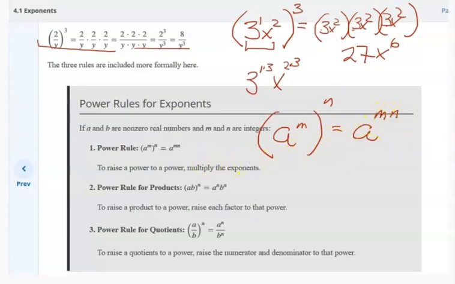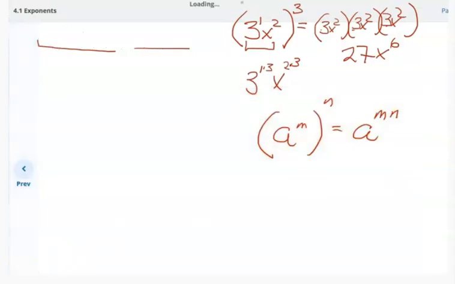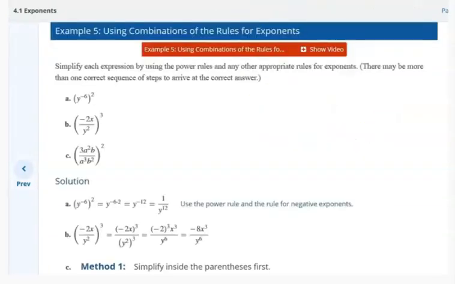Okay, let's have some practice on this. And then so as we do example 5, again, you're going to write this down, letter A, and it's going to be y to the negative 12, the power rule. We can't leave it that way, so this will become 1 over y to the 12th.